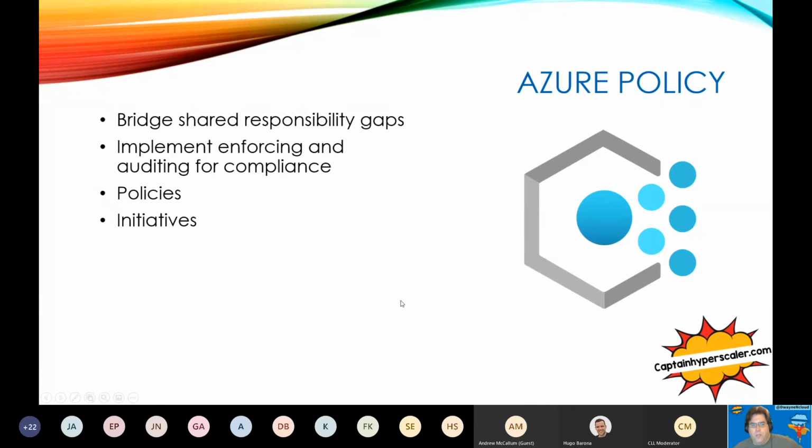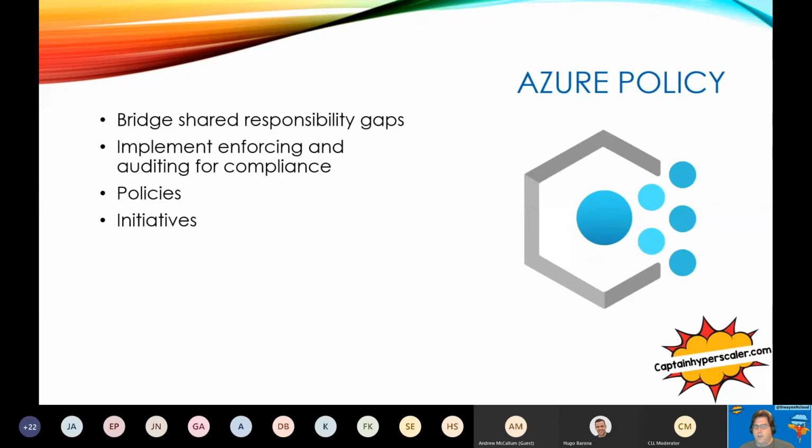Azure Policy: as we try to bridge those shared responsibility gaps that we talked about at the beginning, policy helps to enforce and audit compliance and standards of your organization, what you want to control within your environment, what you need to protect, and how you need to protect it from a GDPR standpoint or any other regulatory standards.